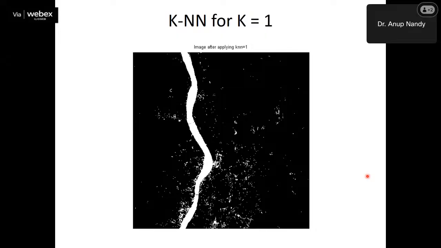So there are a lot of pixels now where the probability of misclassification is large, as you can see. There are many white pixels.